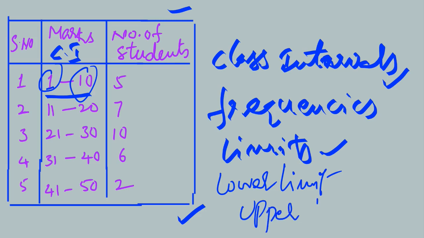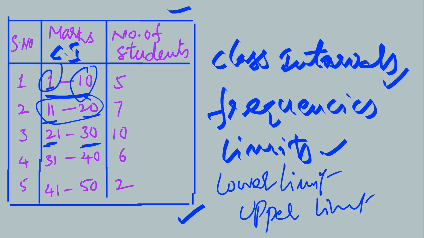In the second class interval, 11 is the lower limit, 20 is the upper limit. Similarly, 21 is the lower limit, 30 is the upper limit. So these are limits. We have learned what class intervals are, what frequencies are, and what limits are.